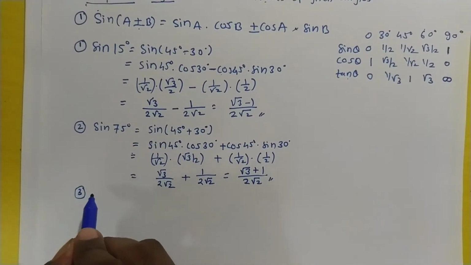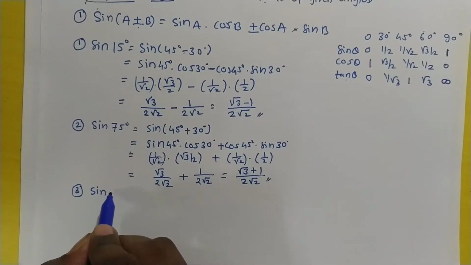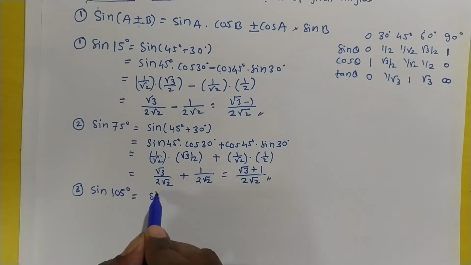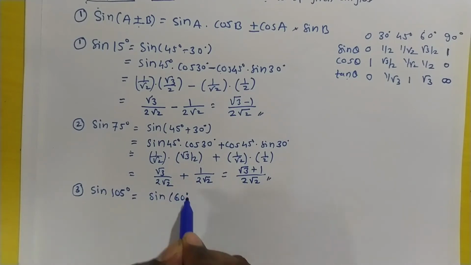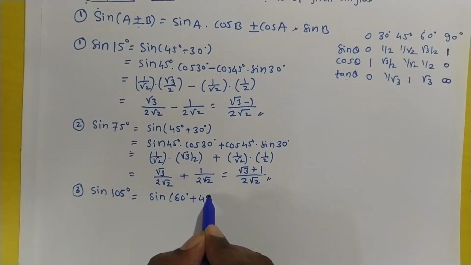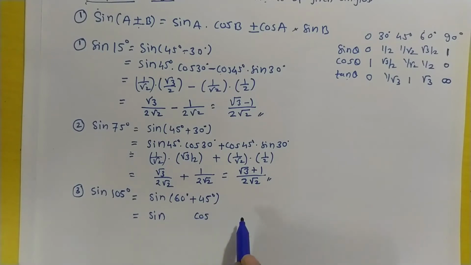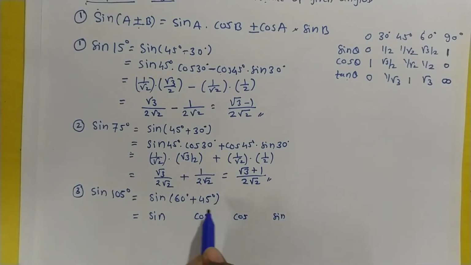The third example is sine of 105 degrees, which is equal to sine of 60 degrees plus 45 degrees. We know how to remember the formula: sine, cos, cos, sine, same sign. Here the plus sign is present, therefore we take the plus sign.